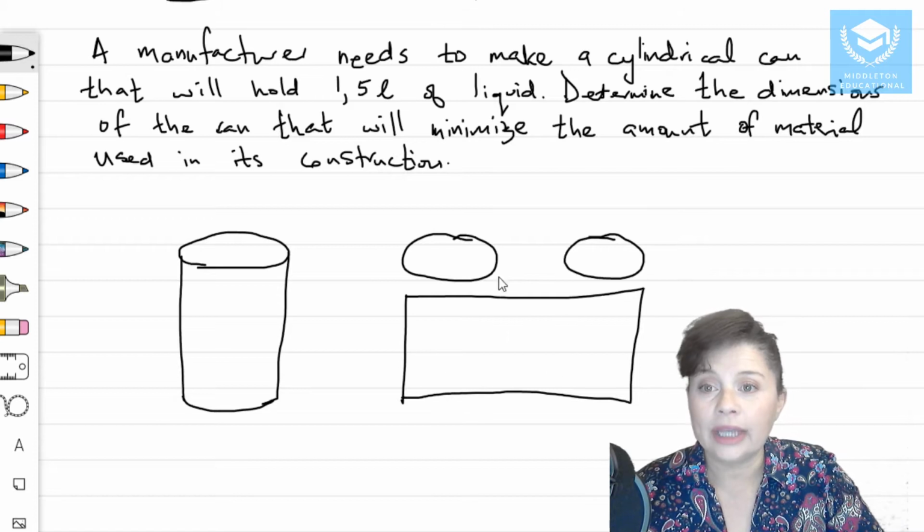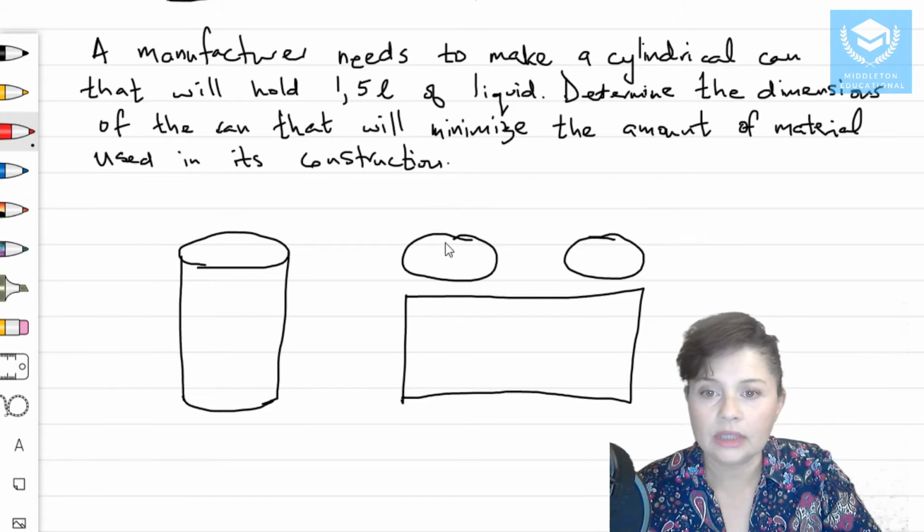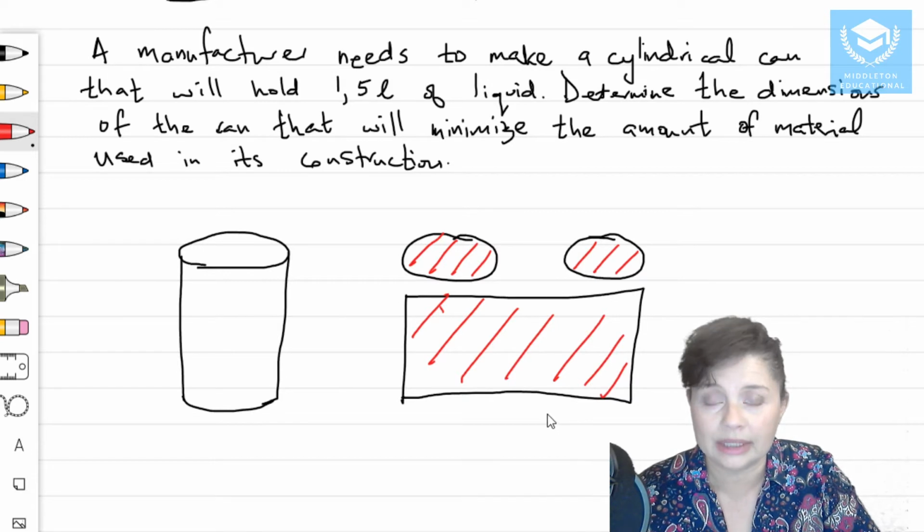We need to do that because we're looking at how much material is used in its construction. So it'll be the outside of the can. So it's the area of all of this. We're looking at the area of that one plus that one plus the area of all of that. That's what we want to minimize.